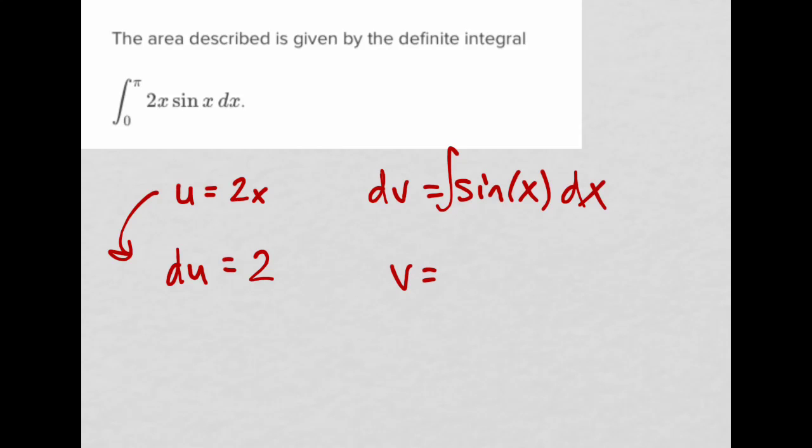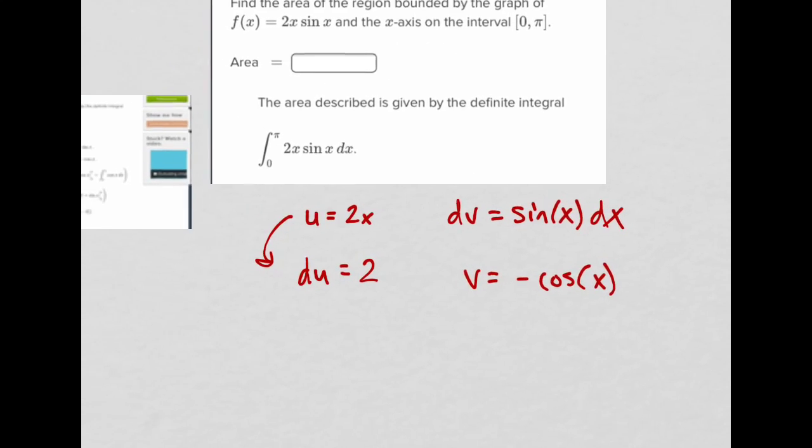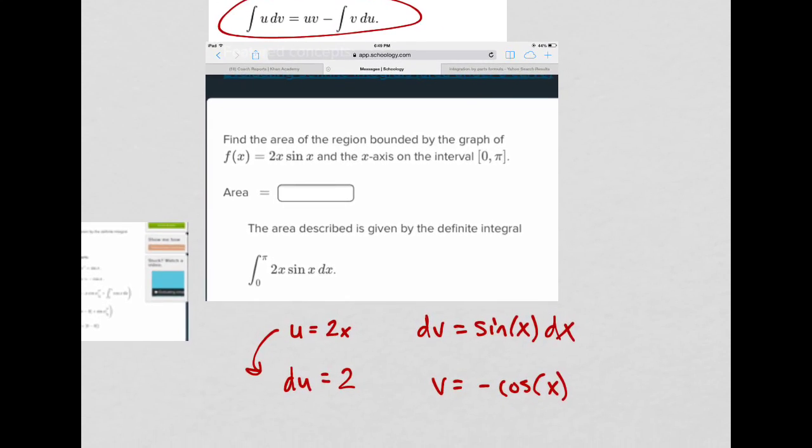The integral of sine x dx is negative cosine, because the derivative of cosine would be negative sine. So the antiderivative of sine would be negative cosine. So there we go.